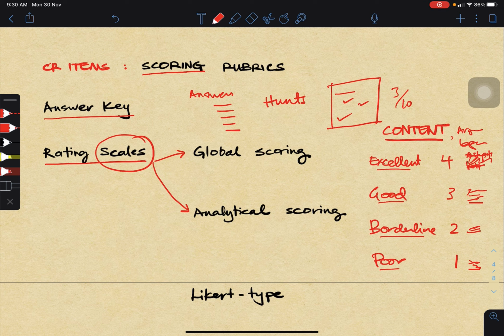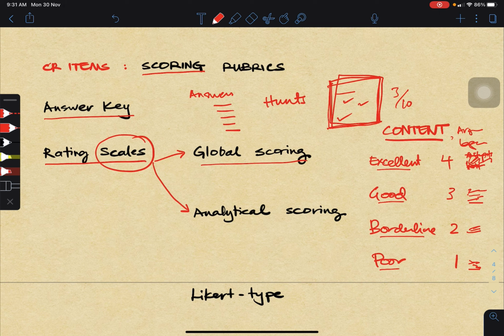Okay, so that's what is recommended when we score an essay. If you just have a look at the overall answer and give the judgment, we call this global scoring.